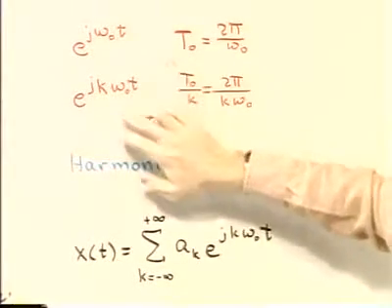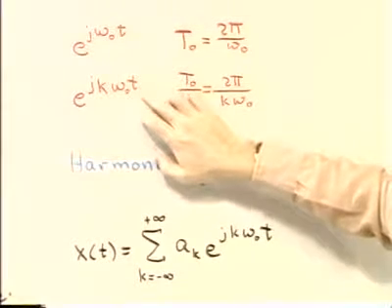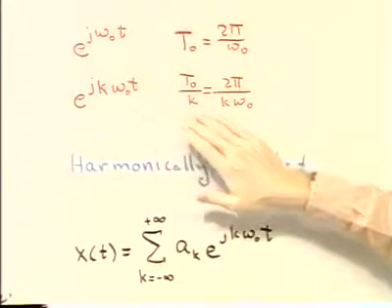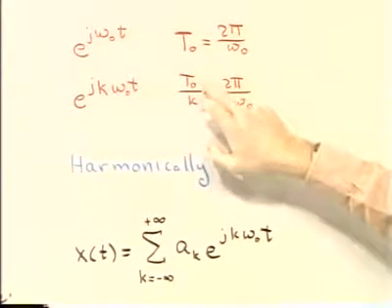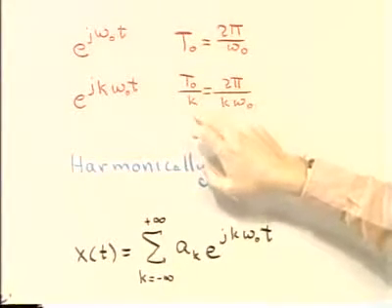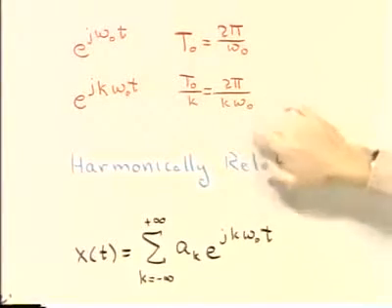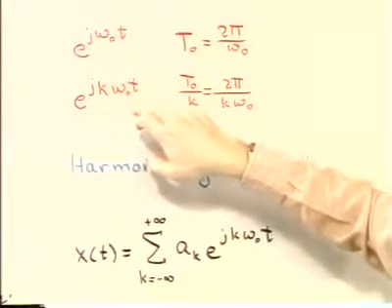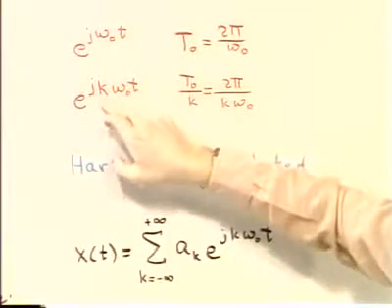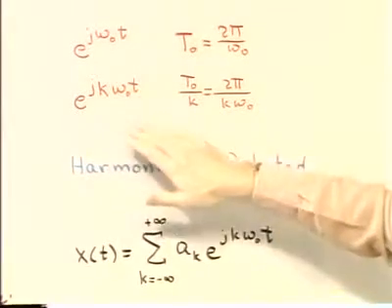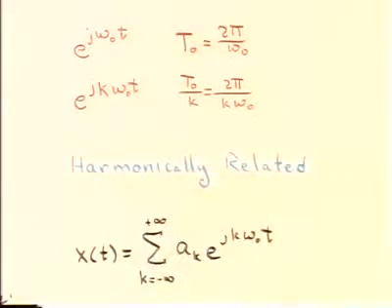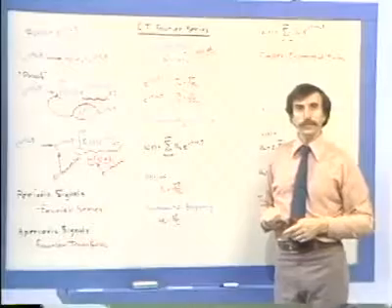These likewise are periodic with a period of T0, although in fact their fundamental period is T0 divided by k, or equivalently 2 pi divided by their fundamental frequency k omega 0. So as k, an integer, varies, these correspond to harmonically related complex exponentials.